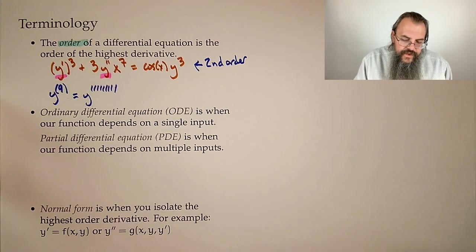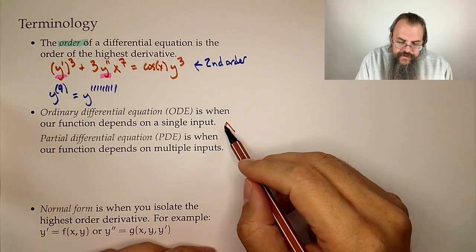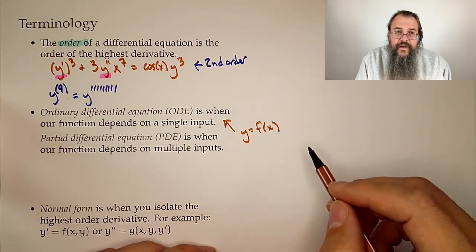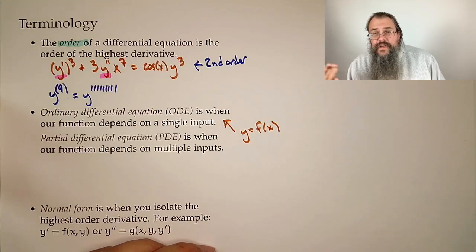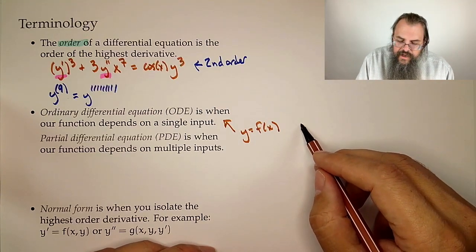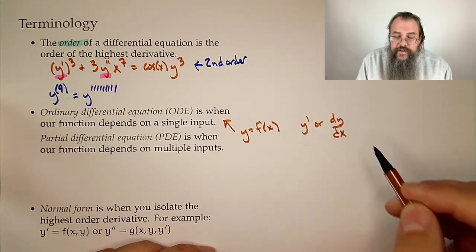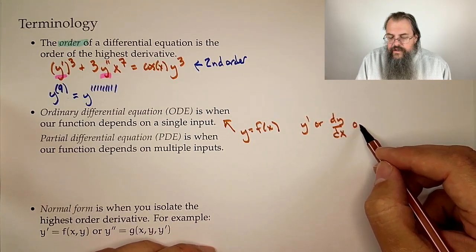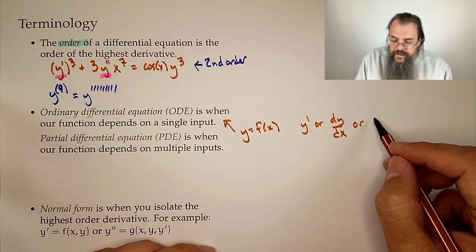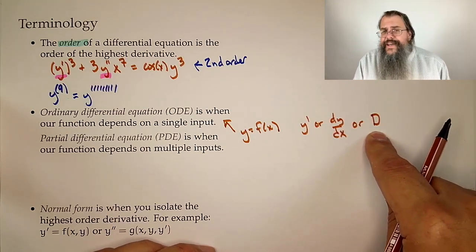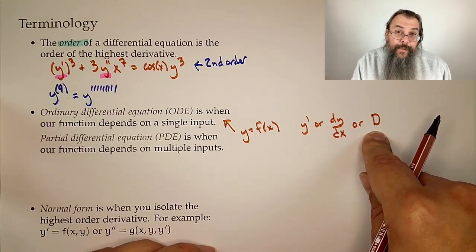So ordinary differential equations are when we're after something of the form y equals a function of x. And how do you denote these? Well, usually you'll see things like a y prime, or you'll see things like dy dx, or, occasionally, you might see something called just capital D that gets used to say, oh, it's the derivative operator.